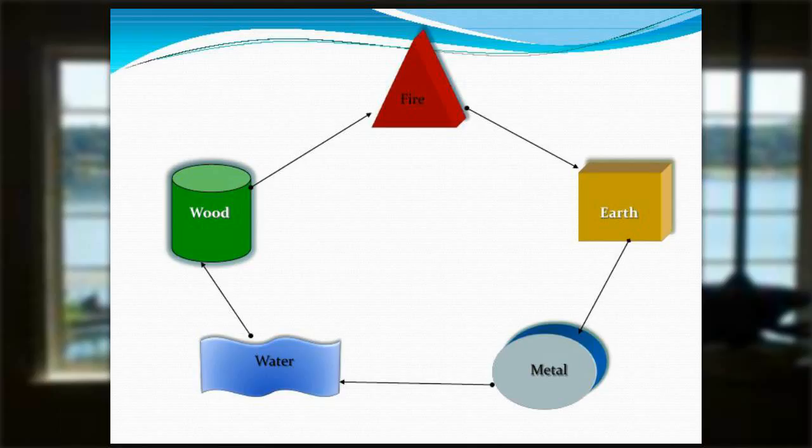Now, I want to tell you something very important at this moment: in the West, in our society, we have too much of two of these elements. And so often when you walk into a new environment, or maybe into your own environment, you're going to notice that two of these are very prevalent and probably a little bit out of balance.